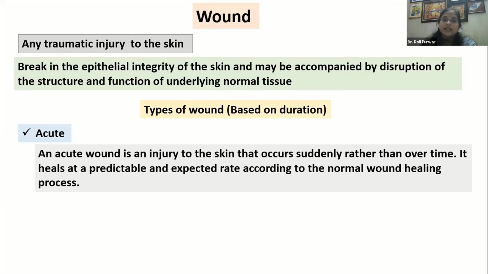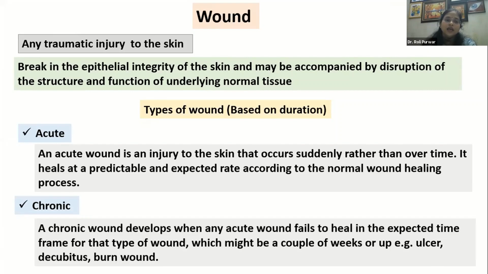There is another type that we call a chronic wound, which develops when the acute wound fails, or requires a lot of time, and the expected time of wound healing is not normal. It requires a week or more, for example, ulcers, burn wounds, or deep wounds.